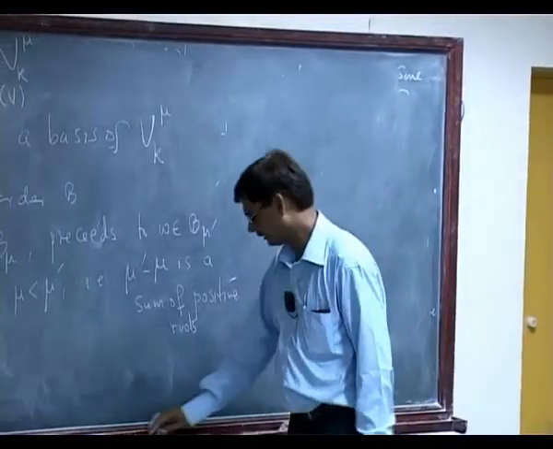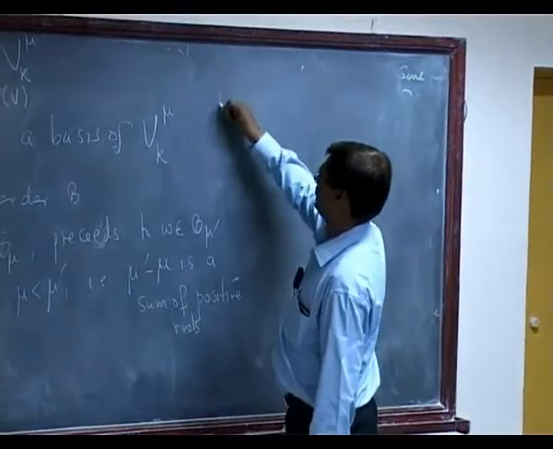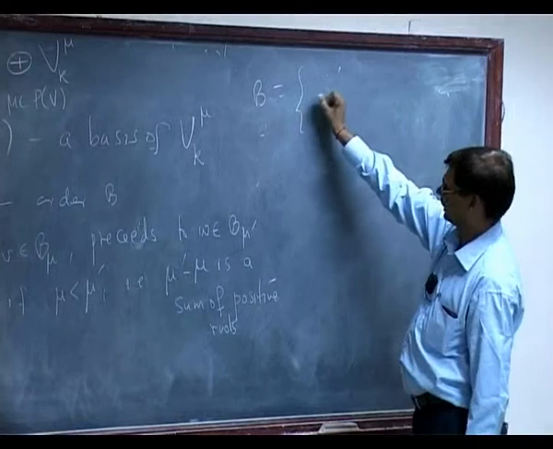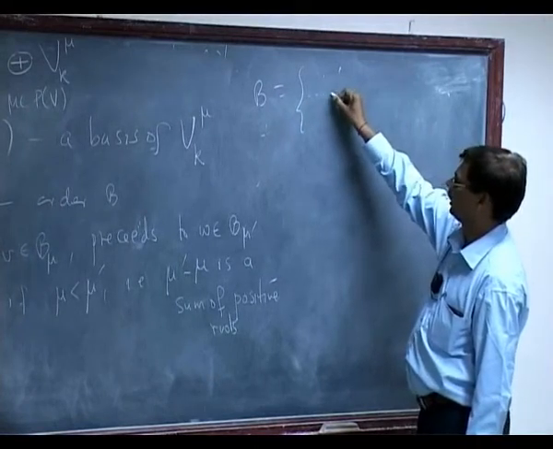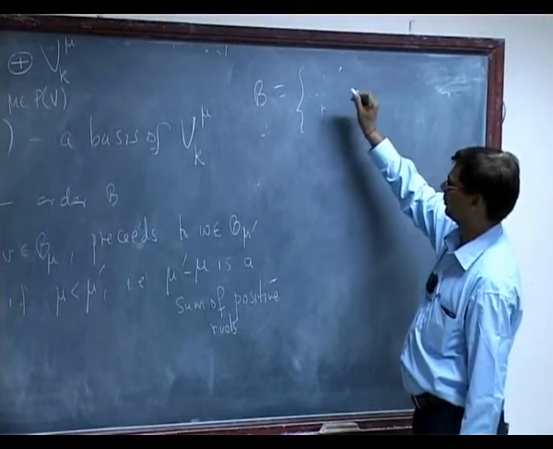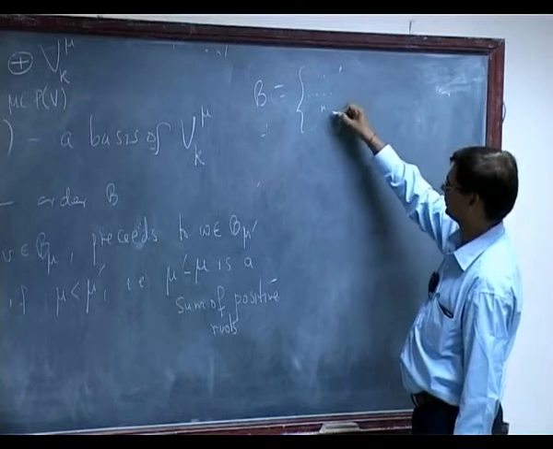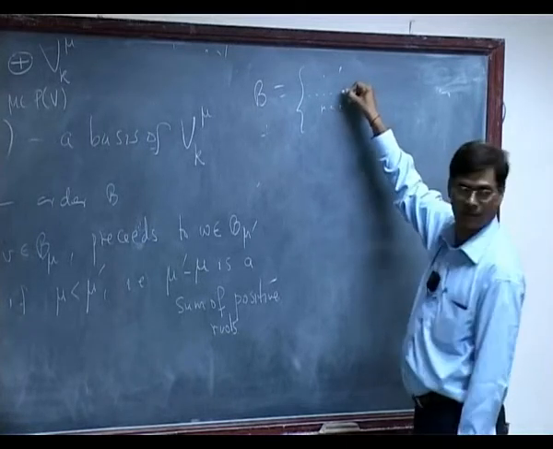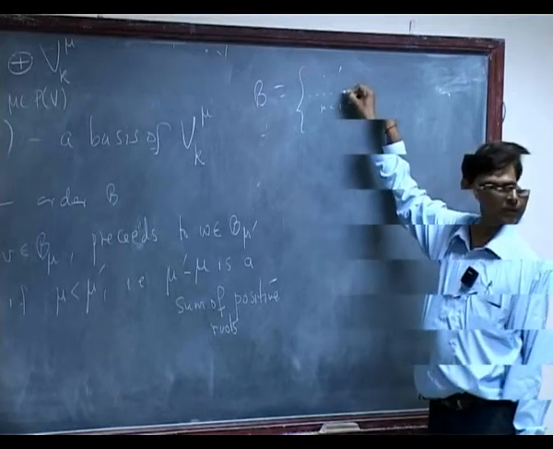So, what I am saying is that B is like this. You have taken a basis of B_mu, suppose this is a contribution from mu, and if mu is less than, say, mu prime, then the elements of mu prime come after mu, and so on.